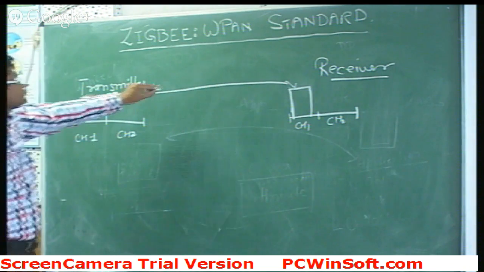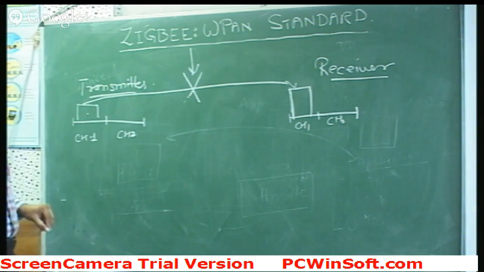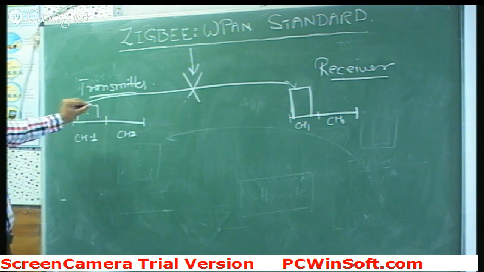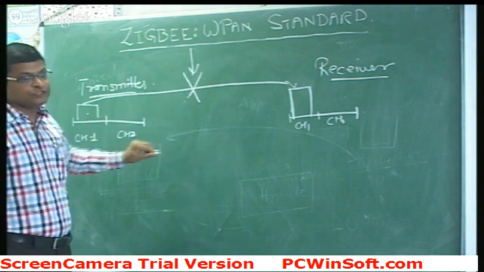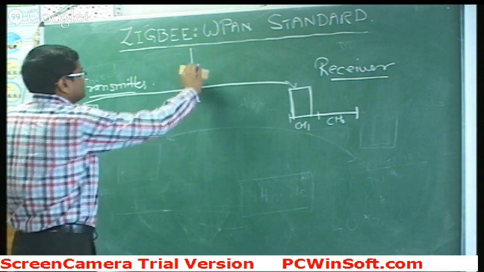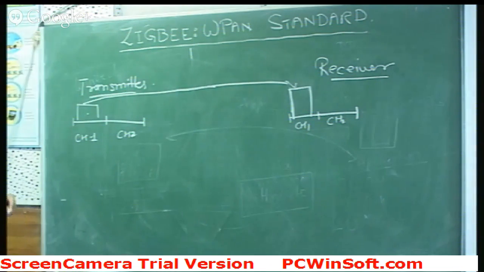Now, suppose a jammer comes in and jams this particular signal. To safeguard against these situations, a frequency hopping scheme is implemented.